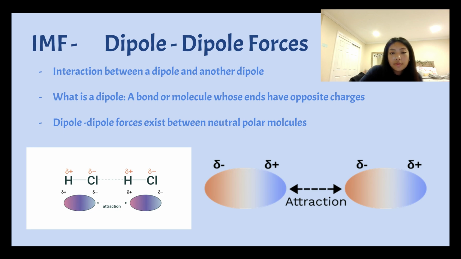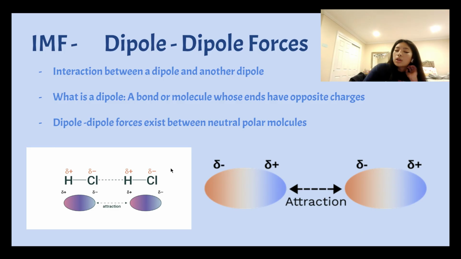Our next IMF is dipole-dipole forces. Dipole-dipole forces are a type of interaction between a dipole and another dipole. So what is a dipole? A dipole is a bond or molecule whose ends have opposite charges. So a dipole is when you have a partial negative, partial positive charge. So dipole-dipole forces exist between neutral polar molecules.